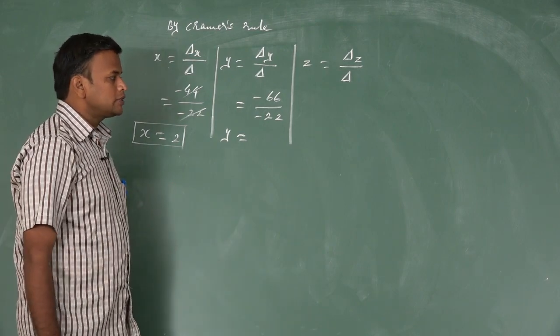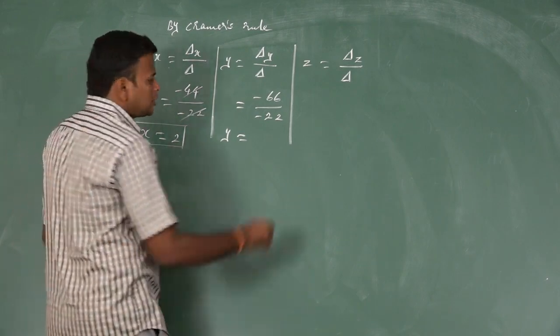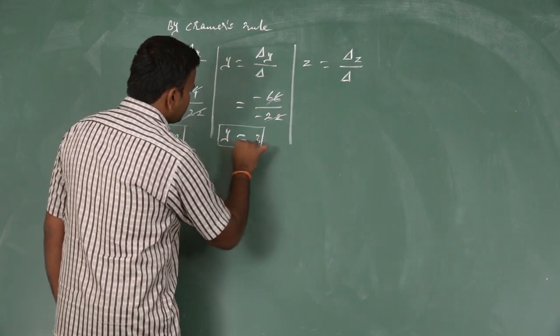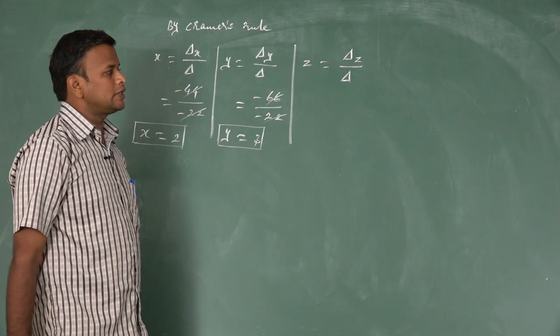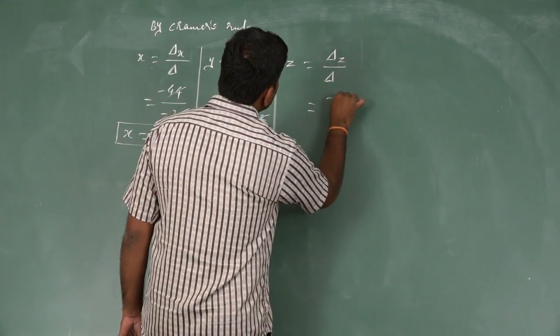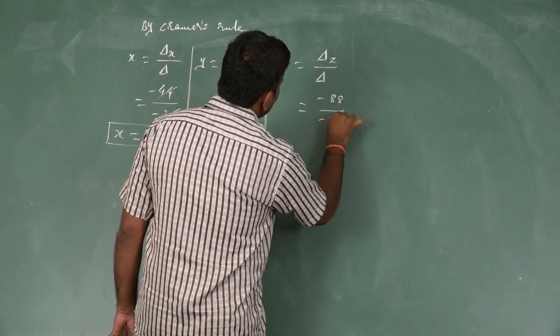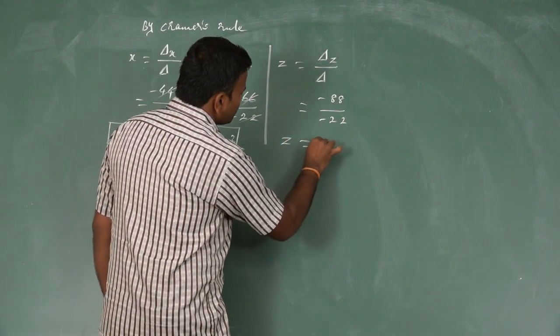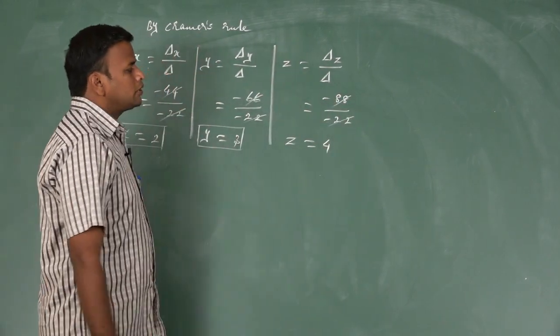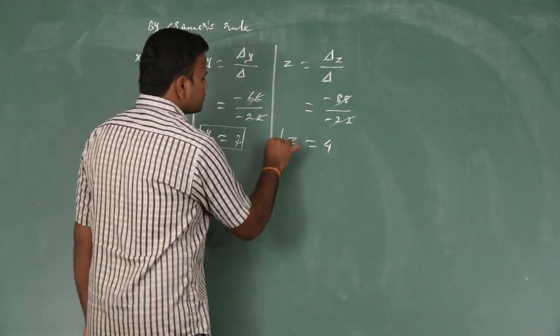In the 22 table, 66 is 3 times. So y is equal to 3. And the formula of z is del z by del. The value of del z is minus 88 by minus 22. Minus by minus is plus. In the 22 table, 88 is exactly 4 times.